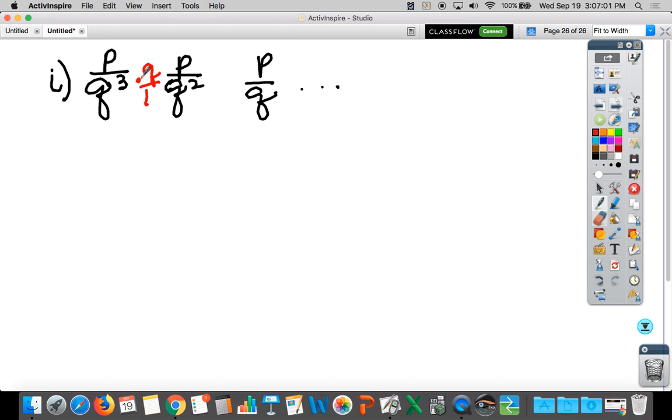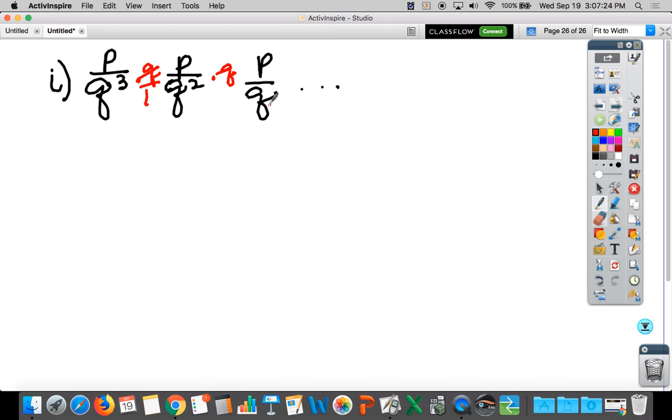Just a Q, because a Q here cancels with one of those, leaving me Q squared. If I multiply this one by Q, that cancels, leaving me Q. Y'all following me? Or questions?